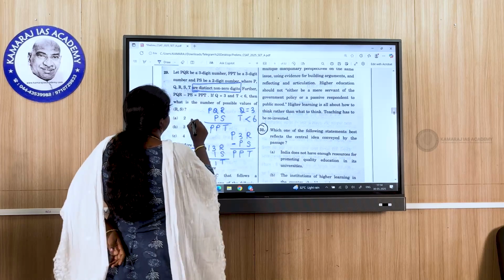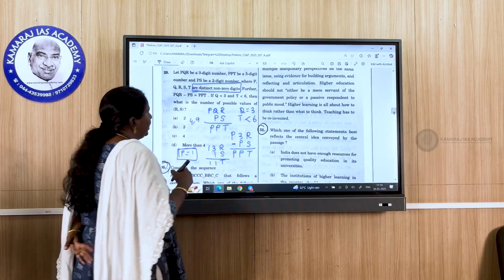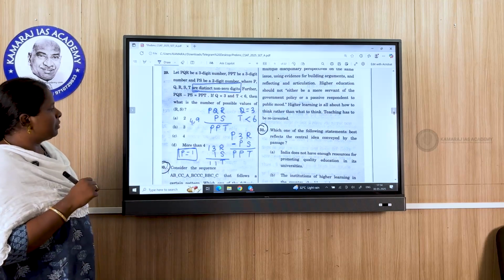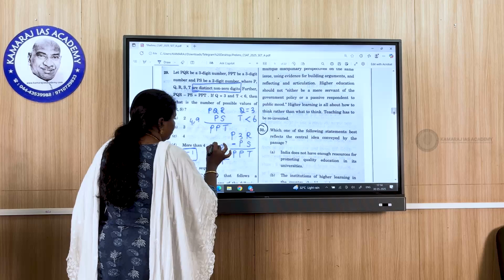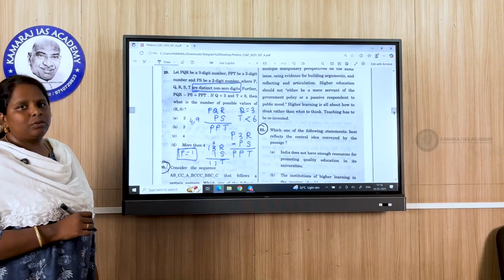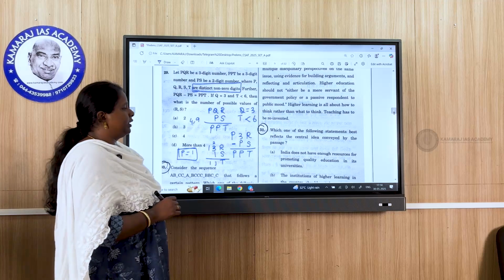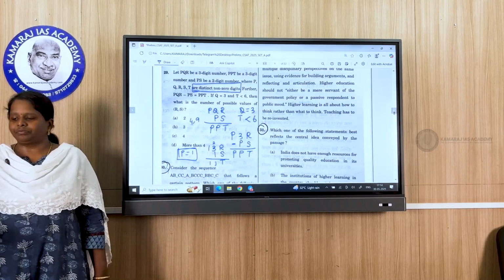You can get 4 and 9 also, right? So 14 minus 9, again it becomes what? 2, 2 minus 1, 1, right? 14 minus 9. What are the possible values you can get? You can check with the help of the numbers.